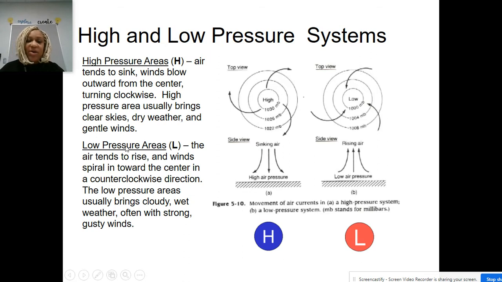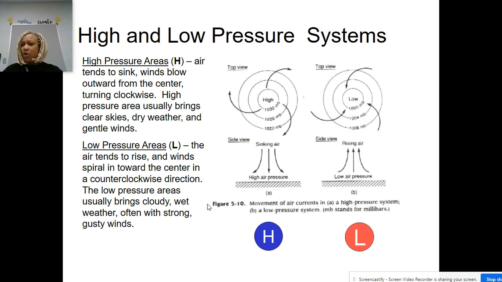All right, then you have low pressure areas. The air tends to rise and winds spiral in toward the center in a counterclockwise direction. So that is the clock going backwards, right? Low pressure areas usually bring cloudy, wet weather, often with strong gusty winds. Because in high pressure your air is sinking, this is your cooler, good air.